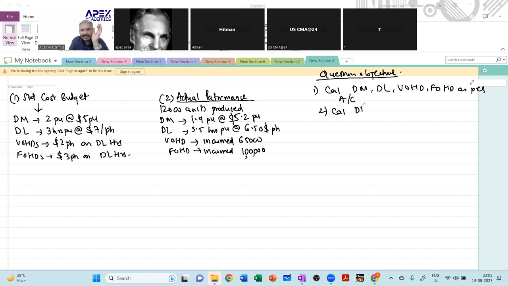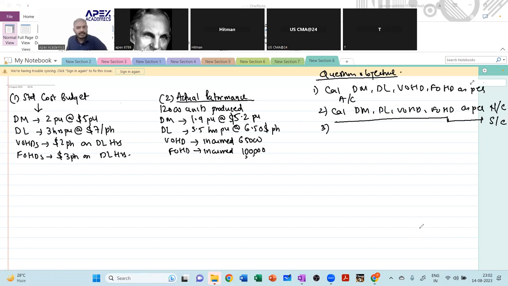Second, calculate direct material, direct labor, variable overhead, fixed overhead as per normal costing. Third, as per standard costing. These are the three items that you are required to take care of.